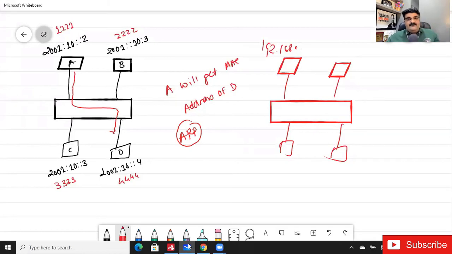Now, can we use this ARP with IP version 6? This is my question. You have to give the answer yes or no. Can I use ARP with IP version 6?